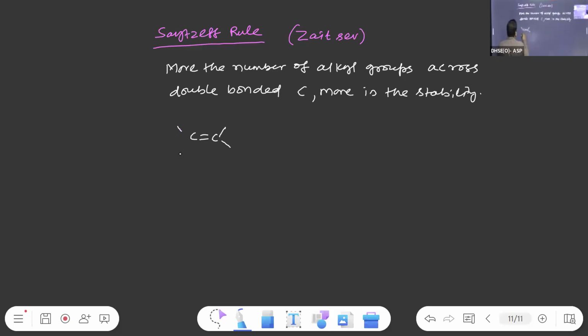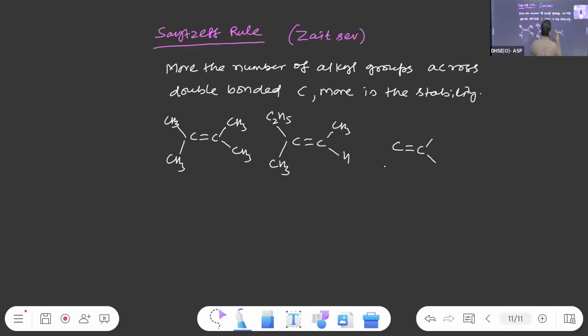If you are taking 4 alkenes, note them down.